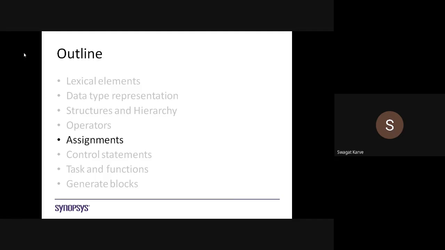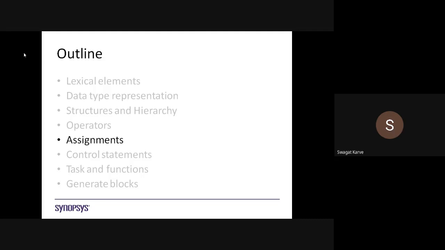So again remember, these are the classes of operators that we have discussed: logical operators, arithmetic operators, relational operators, equality operators, shift and other operators, and also bitwise and reduction operators.